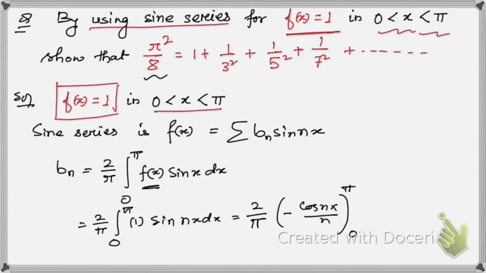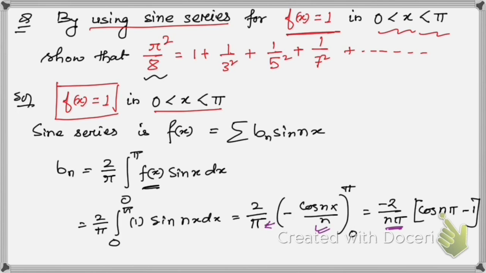Now let's put in the upper and lower limits. Then we get minus 2 by n pi times cos n pi, and putting the lower limit, you get minus 1. And here n is taken outside, so this is n pi.